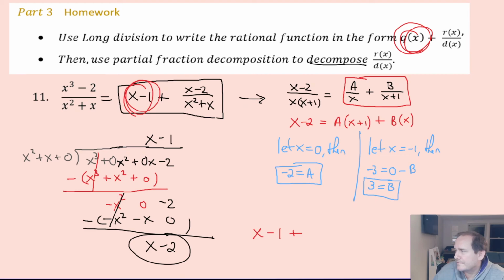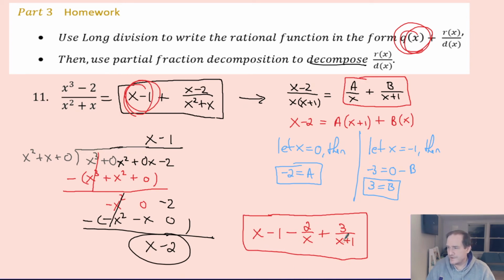So I shouldn't have said plus, I should have said minus 2 over x. And then plus 3 over x plus 1. So there's that expression fully decomposed. You got an x minus 1 minus 2 over x plus 3 over x plus 1. Okay? Hopefully this makes sense to everybody.